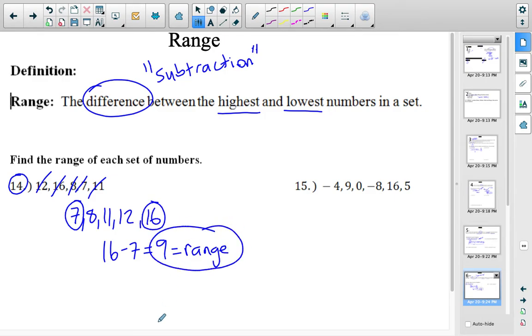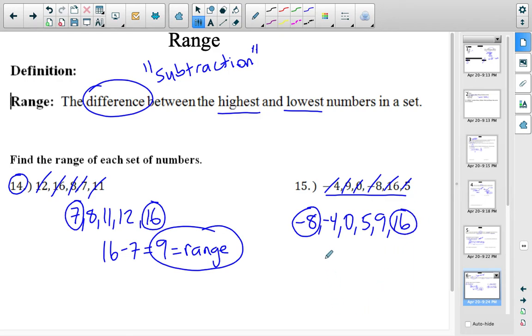I'm going to do number 15 just because it does include some negatives. So if we order this from least to greatest: -8, -4, then we get to 0, and then we have 5, 9, and 16. Notice here's my smallest, here's my greatest. So always subtract your greatest minus your smallest.